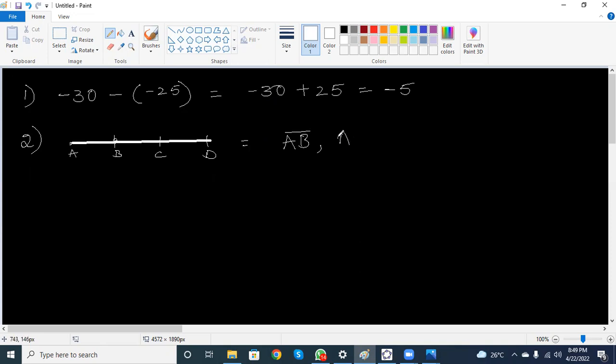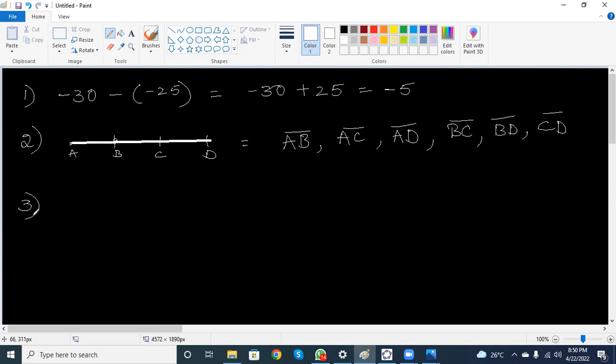Next AC, AD. Next we will write with B. BA is already written, BC, BD. Next with C. CA is already written, AC and CA are same. CB is already written, BC. Next CD. So these are all possible line segments.